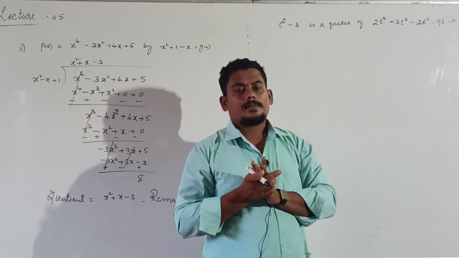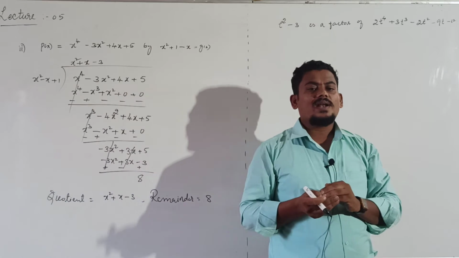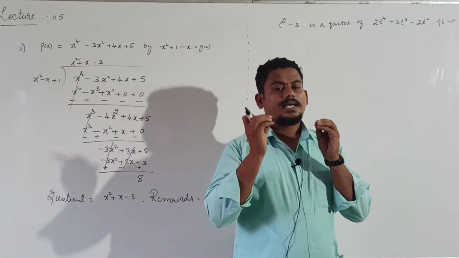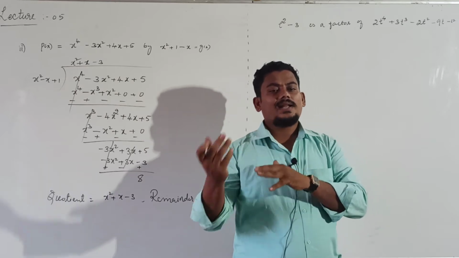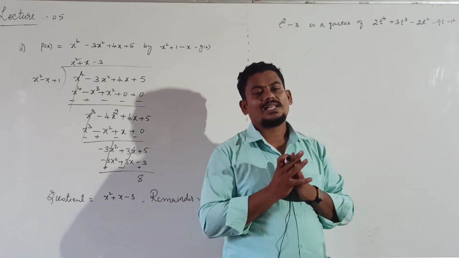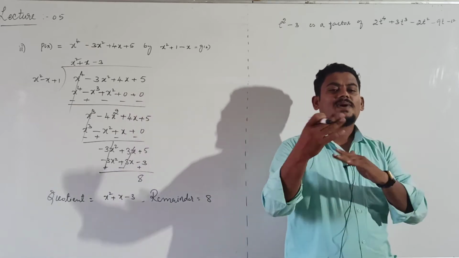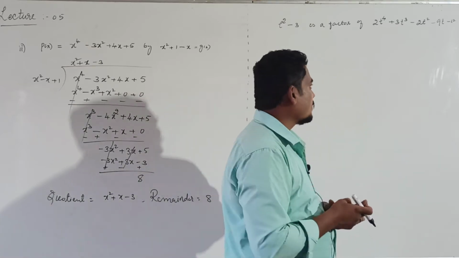Remember one thing, after dividing one polynomial with another polynomial, if you get remainder as 0, then one polynomial is a factor of the other.